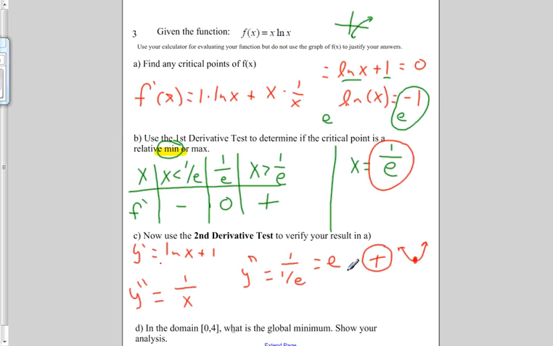Because my first derivative equals 0, and my second derivative is greater than 0, the second derivative test implies that this is a min. Why am I writing min or max when I know it's a min?